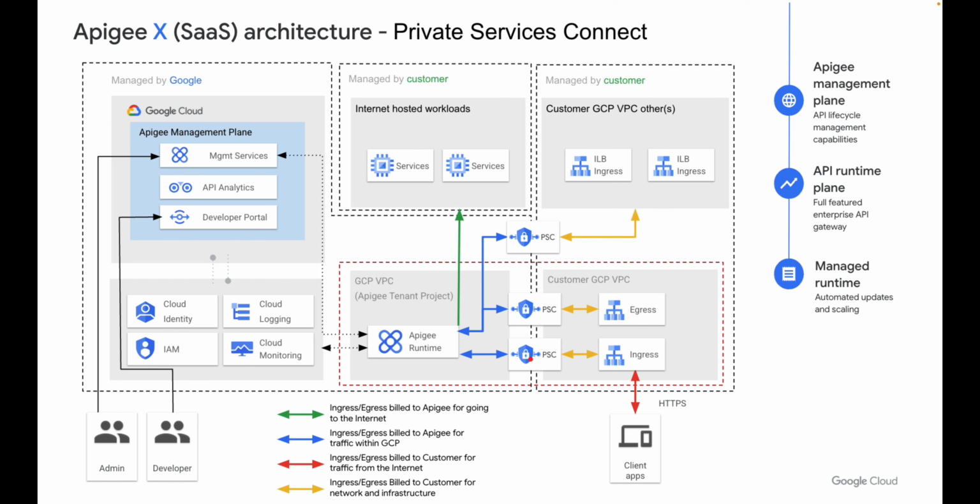Private Service Connect can of course also be used in case the VPC peering has been set between the Apigee X VPC, part of the tenant project, and a customer VPC. In that case, all combinations are possible. I can use Private Service Connect on the northbound, from the client application, to consume APIs that are exposed on Apigee.